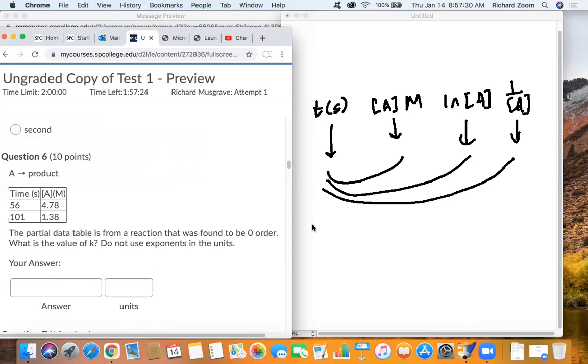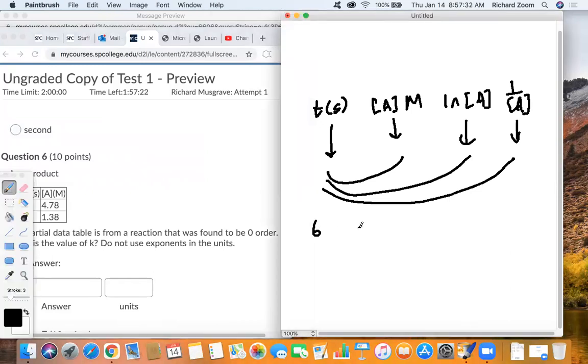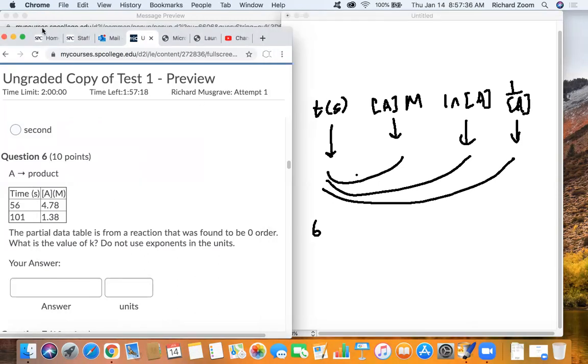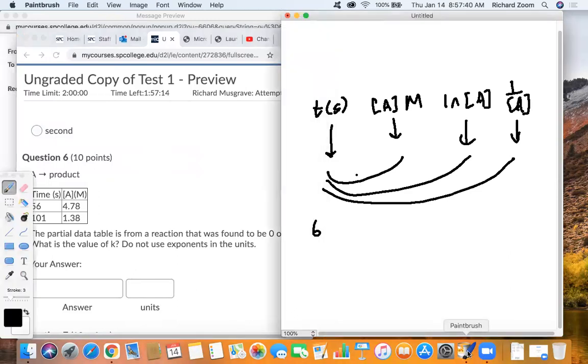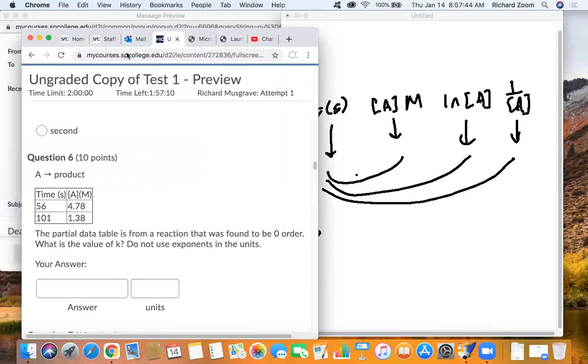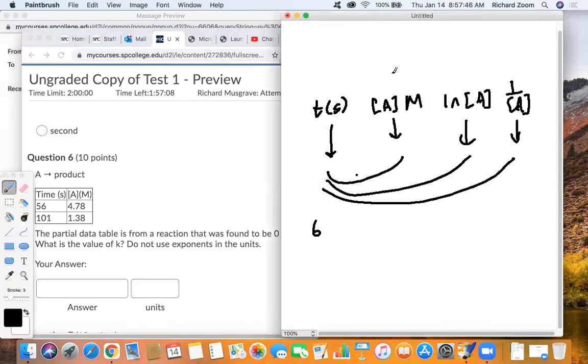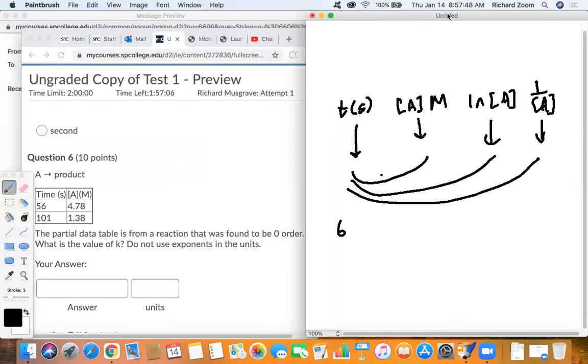So for question 6, let me move this over a little bit. There we go. So remember what the K value is.